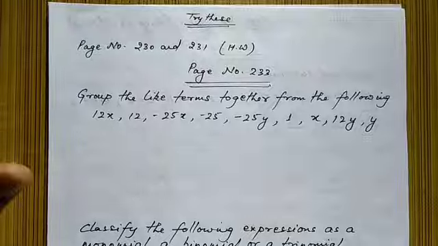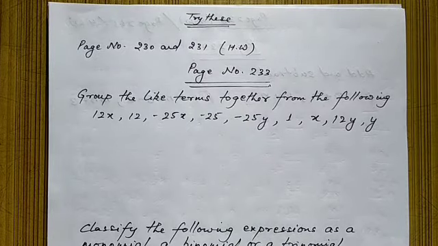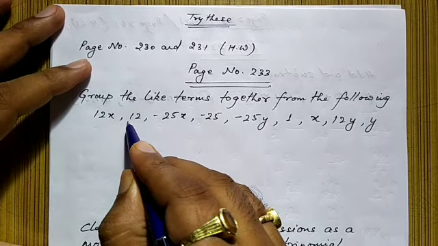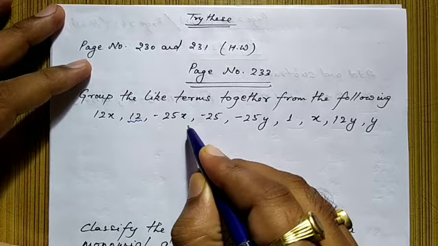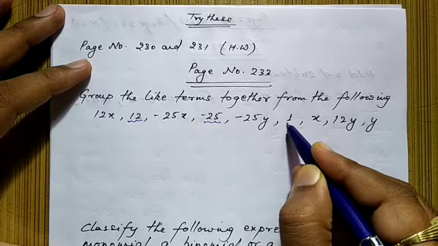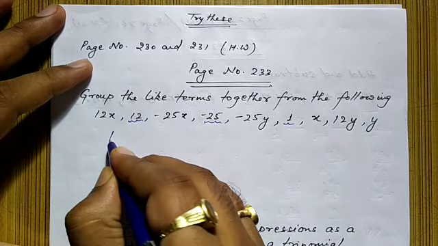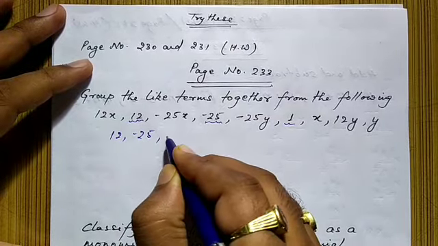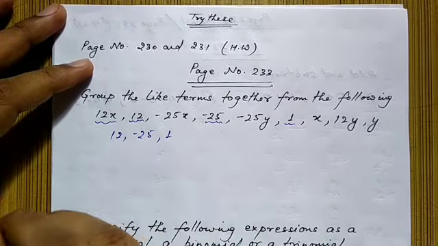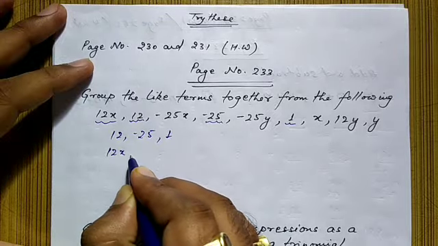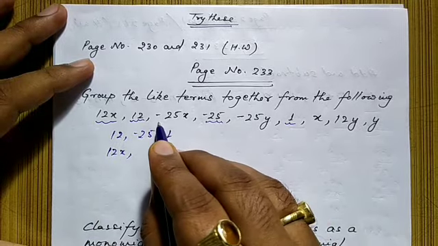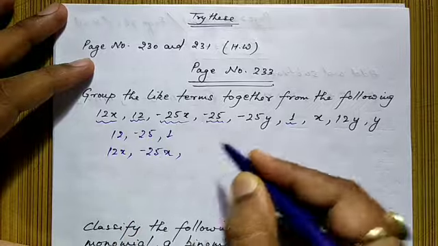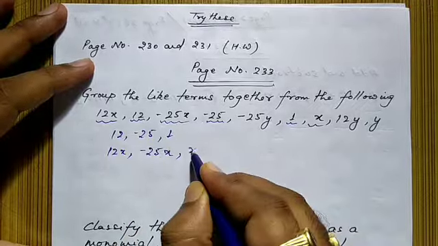Okay, now come to 233. This is also a very easy question. Group the like terms together from the following. Okay, first see without variables. So 12, minus 25 and 1. Now with x, 12x, here minus 25x, this is also x.